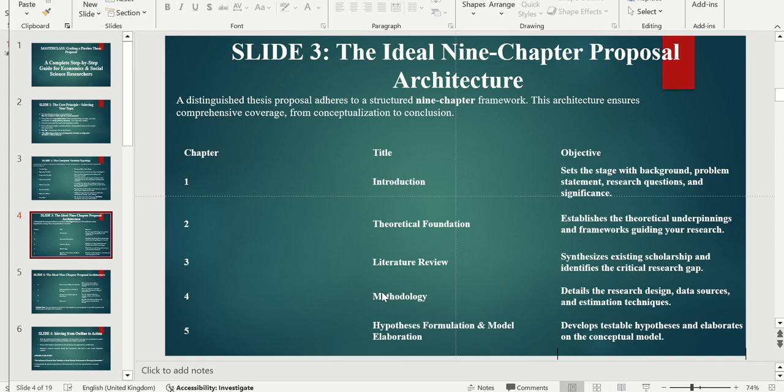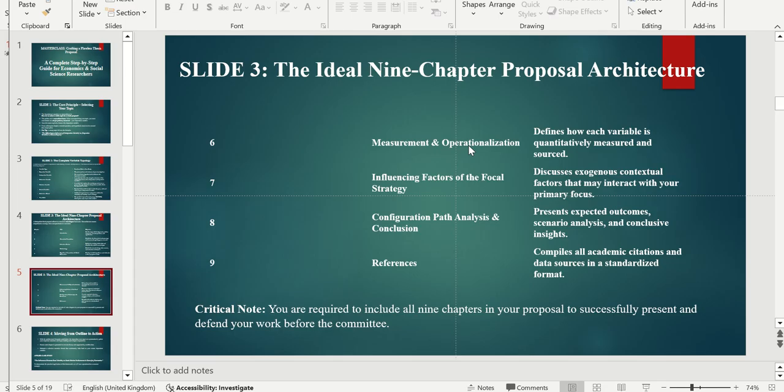After this, methodology, where you explain research design, data sources, sampling method, and statistical techniques. Then, the chapter of hypothesis and conceptual model. Then you explain how the variables will be measured, meaning define how each variable is quantitatively measured by some sources.